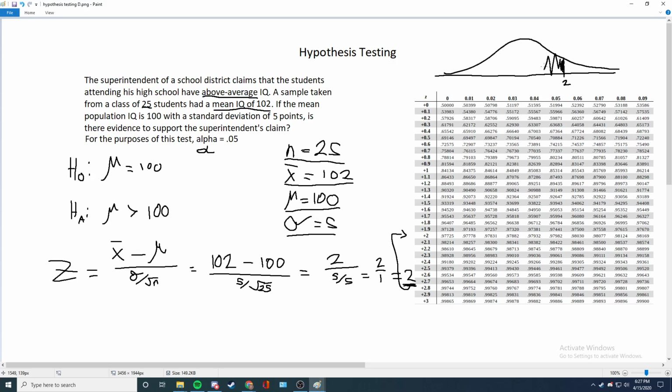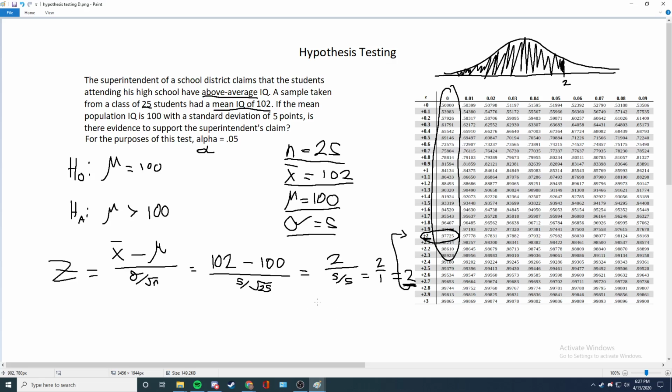What this table is telling us is the amount of area behind that 2. So we're going to use the 2 row, and since it's just 2, that's really 2.00, so we're looking into the 0 column. The 2 row, the 0 column right there.